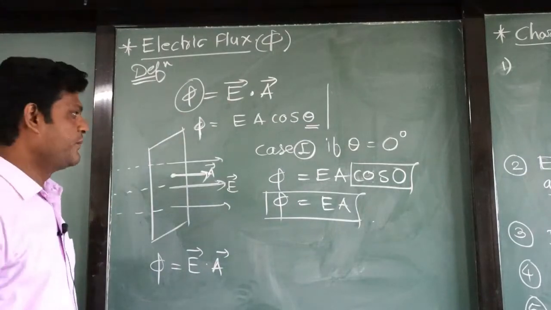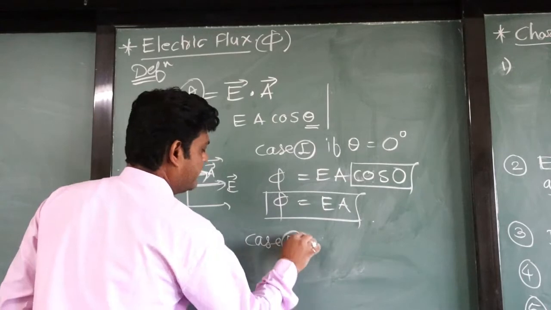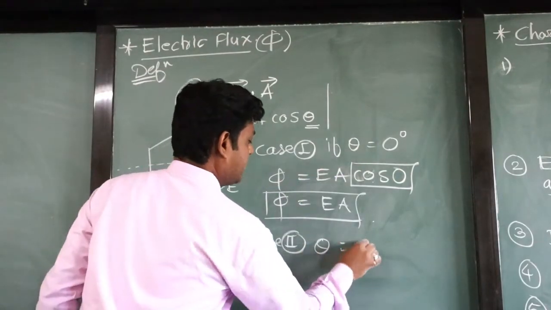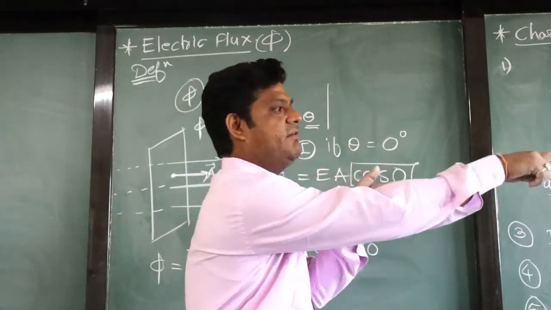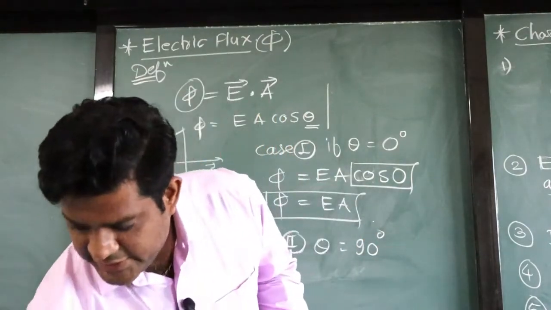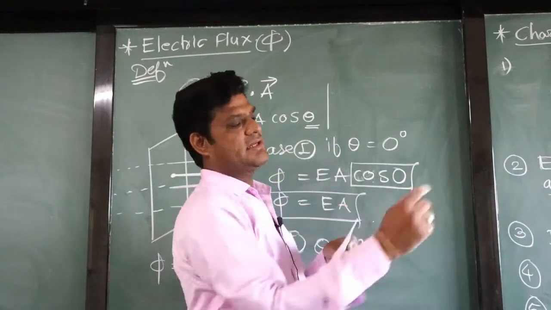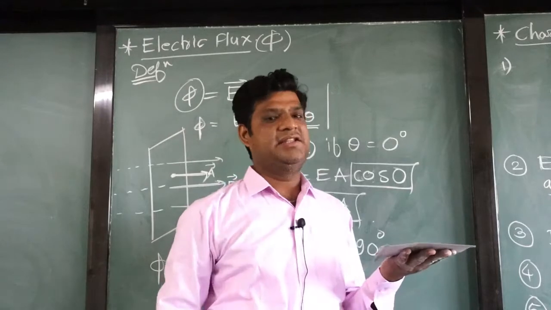Case 2: suppose theta equal to 90 degree. What does that mean? Suppose this is the direction of electric field and this is the direction of the area vector. Suppose this is a sheet, the electric field direction is like this and the area vector like this, so the sheet is kept like this.